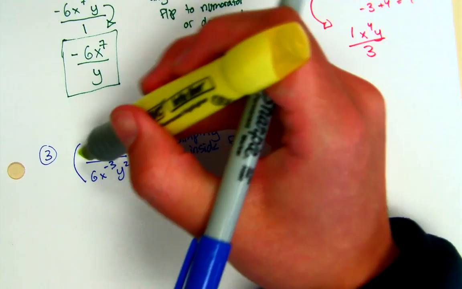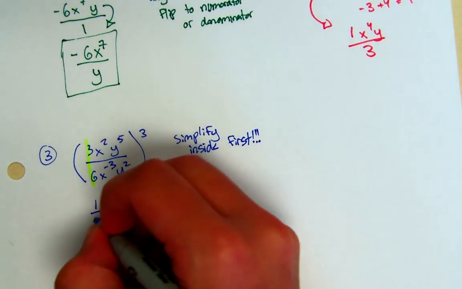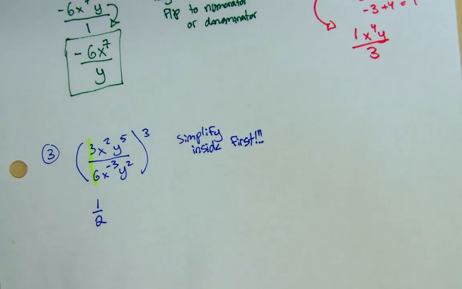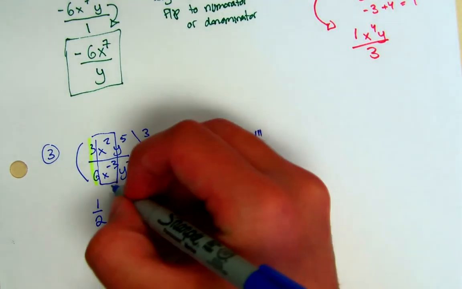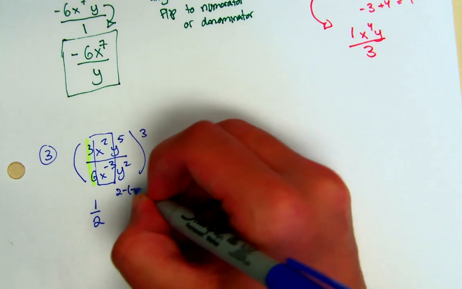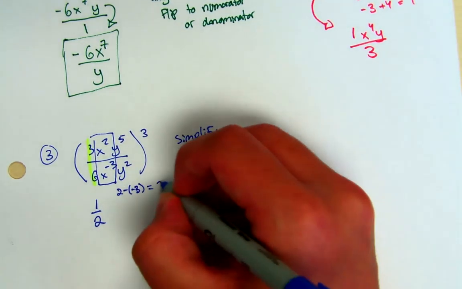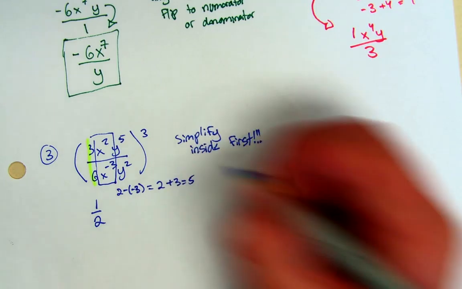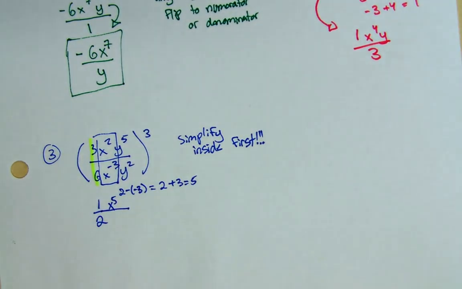So take your 3/6. Hopefully you realize that's just 1/2. Now, we're going to look at x's. I'm dividing, so that means I need to do 2 minus negative 3. What is 2 minus negative 3? That's 2 plus 3, which is 5. Since 5 is positive, I know x to the 5th ends up on top.